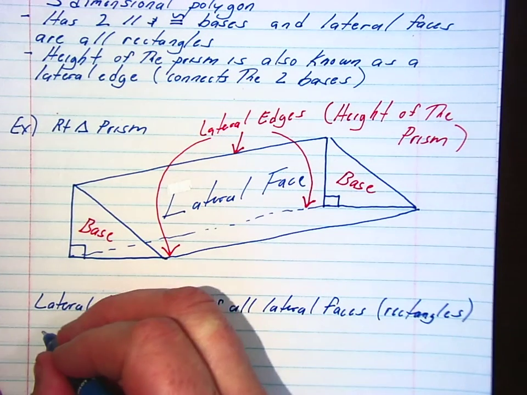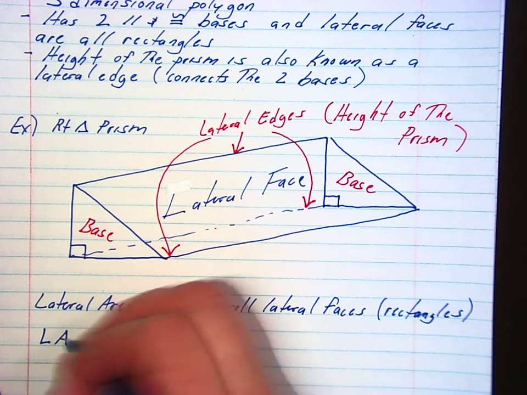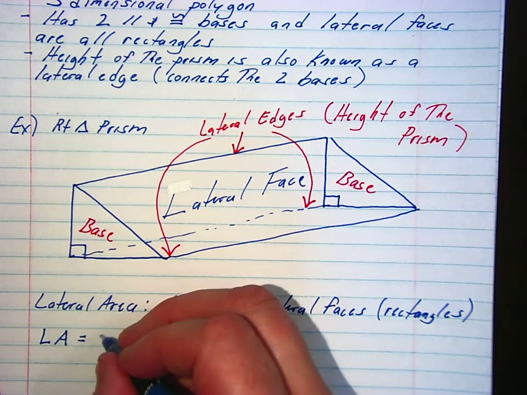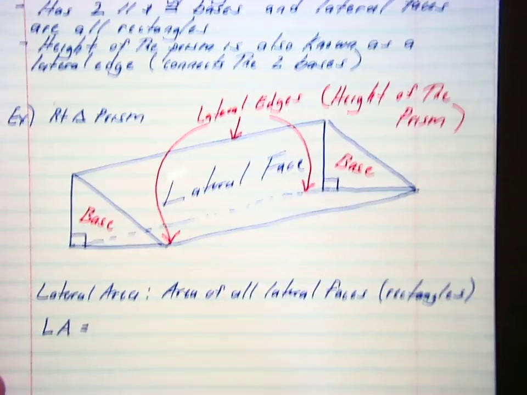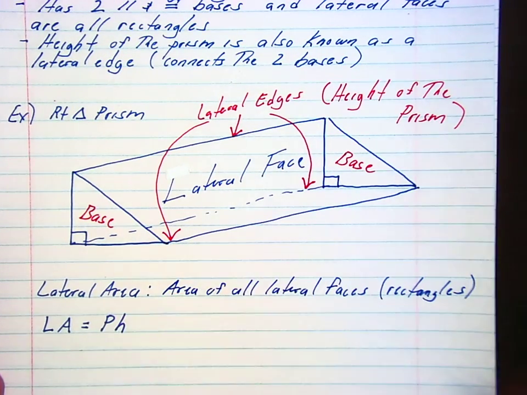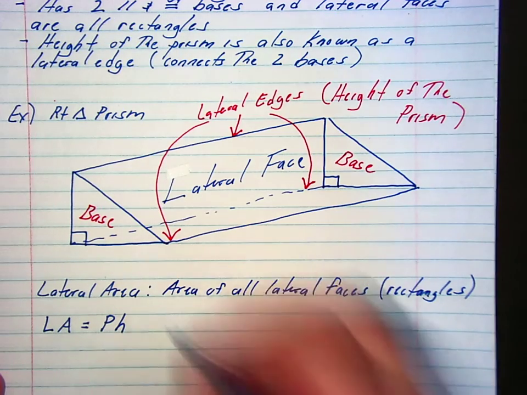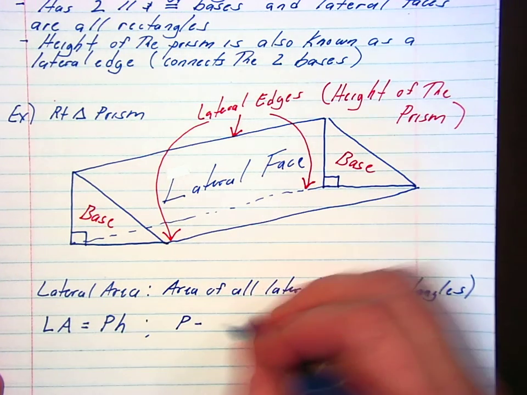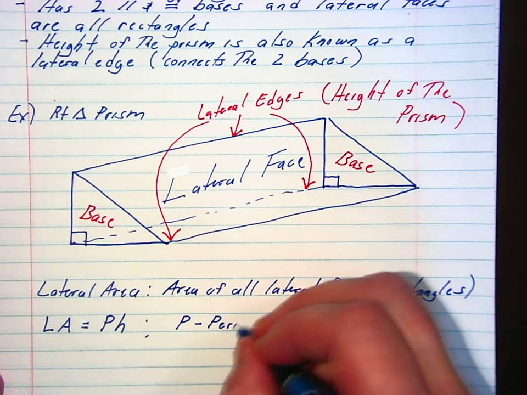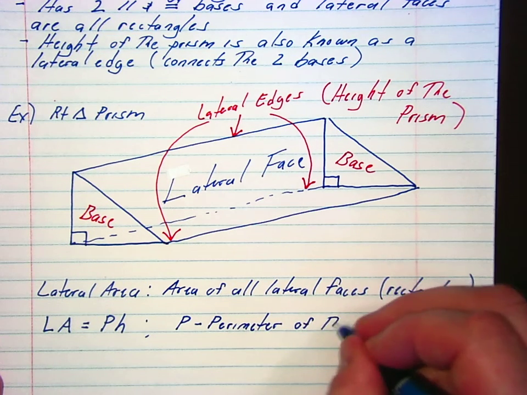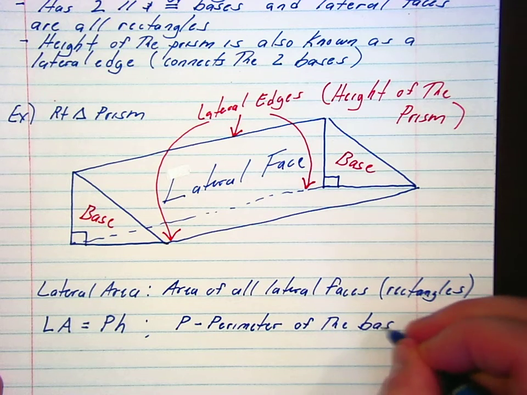So here's your formula for lateral area. LA for lateral area equals, now capitals and lower cases are important, this is a capital P, lowercase h. So the P is the perimeter of the base.